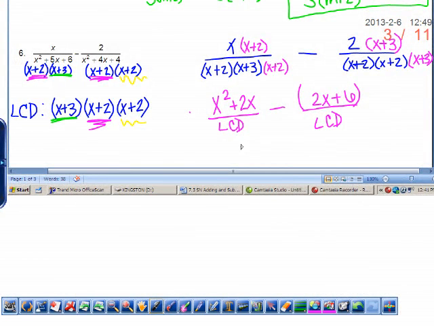So we're going to get x squared, and then we have 2x minus 2x. What does that do? It just cancels. And then we have minus 6. And then write out your LCD because this is the end.